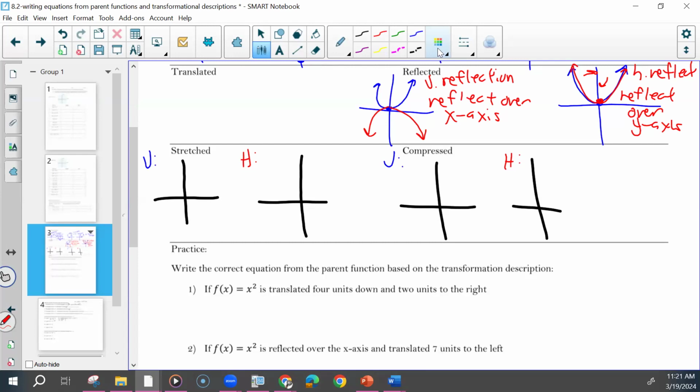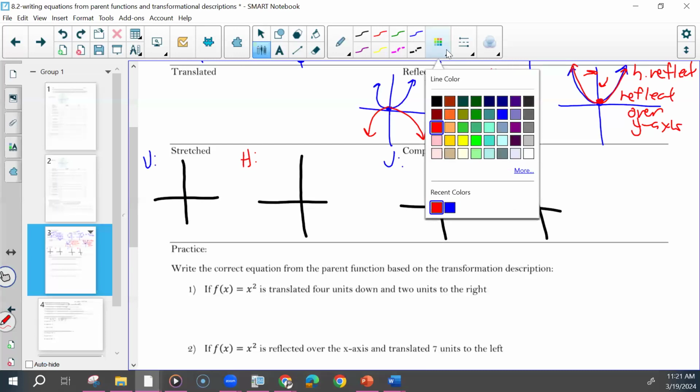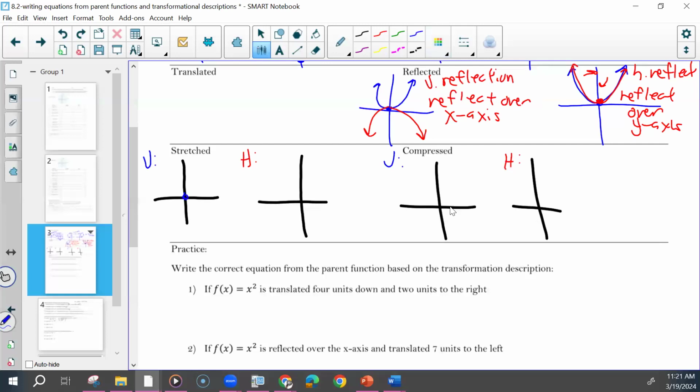So vertical stretch, whatever the function is, is stretching towards the y-axis, so it's getting narrow. So if it starts at the origin, it's really tall and skinny, narrow.